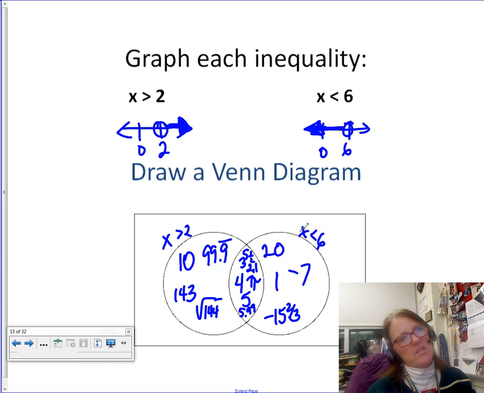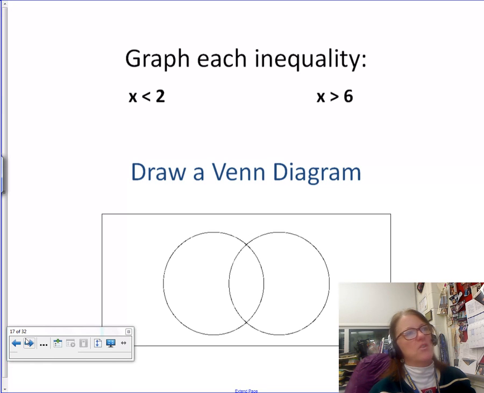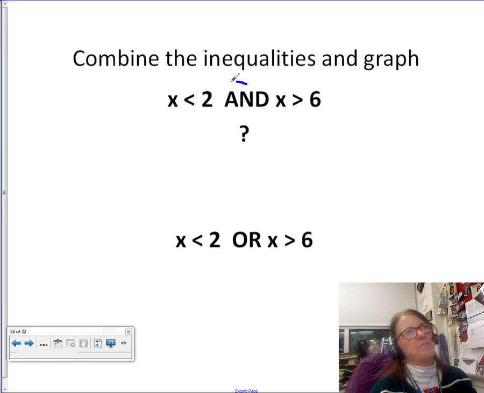So what I want to do now is put this back in the graph, but I want to talk specifically about this region where it's overlapped. When we look at what's overlapped, I'm actually talking about what happens when I put two inequalities together with the word and.